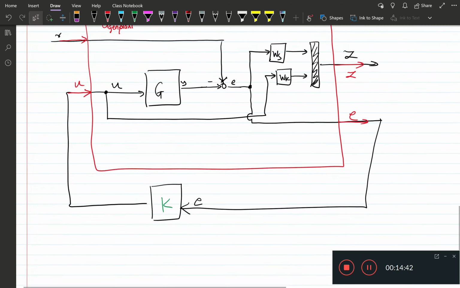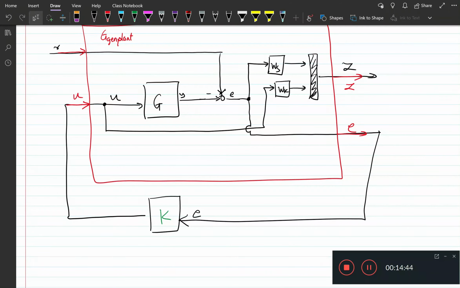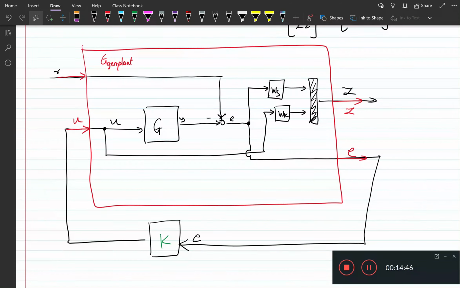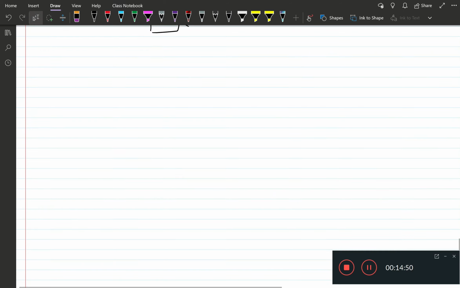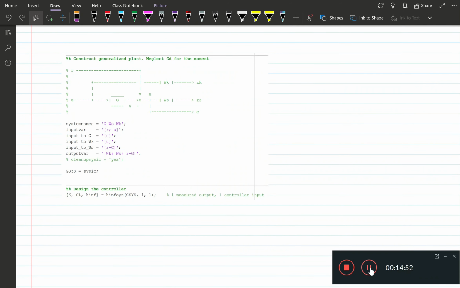So once W_S and W_K have been defined, this generalized plant can be constructed in MATLAB using this code. So that's a section of the code that you see, and this is exactly the generalized plant that we just saw. We have to define the system names G, W_S and W_K.